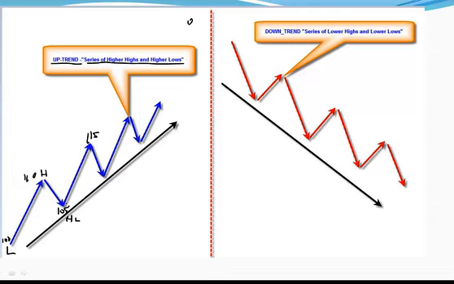So essentially what the process is once you start developing these higher highs and higher lows, that starts establishing a trend. Now, if the market was going down in a downtrend, and then you have this occur, that doesn't necessarily mean that that's a trend up.